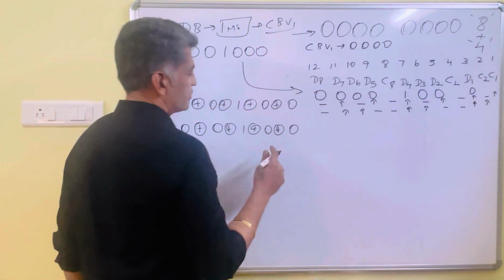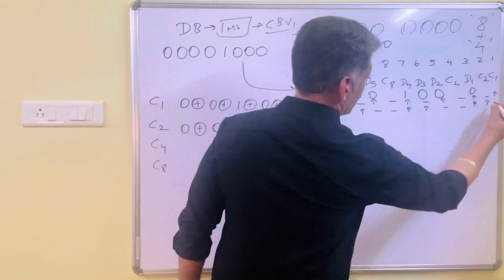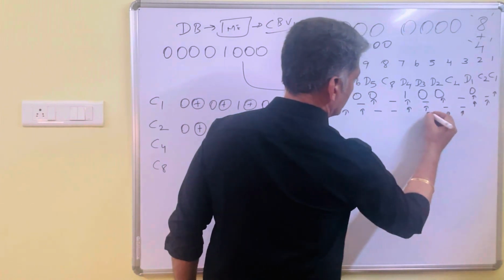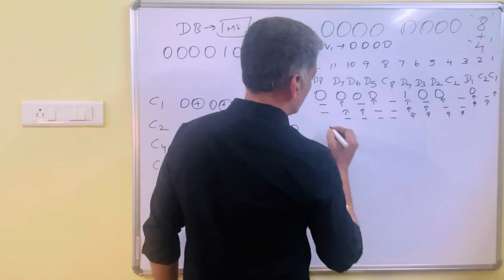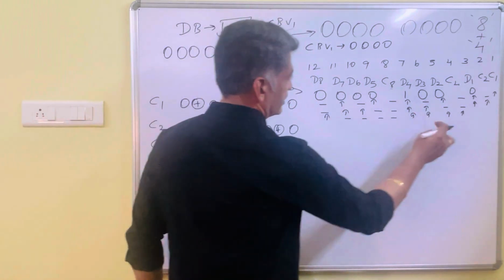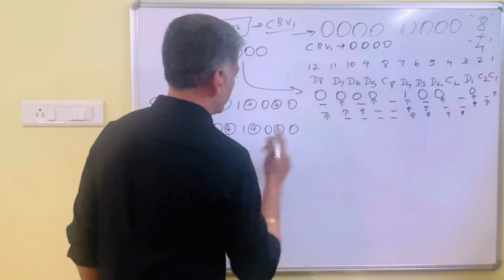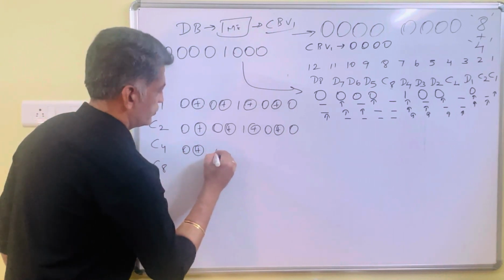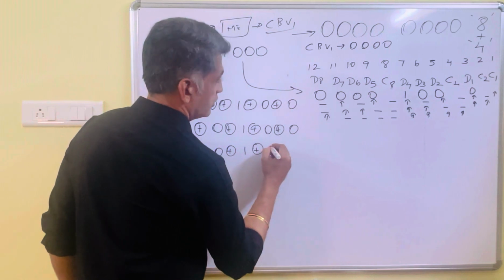Fine, okay. So now again you need to go for C4. For C4 you need to start from here, check 4 bits, leave 4 bits, again check 4 bits, right? For this I need to go with 0, 0, 1 and 0, right?